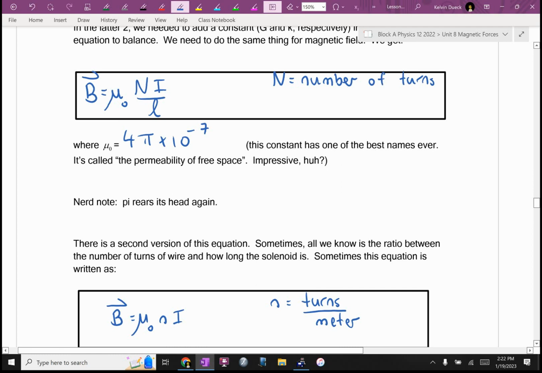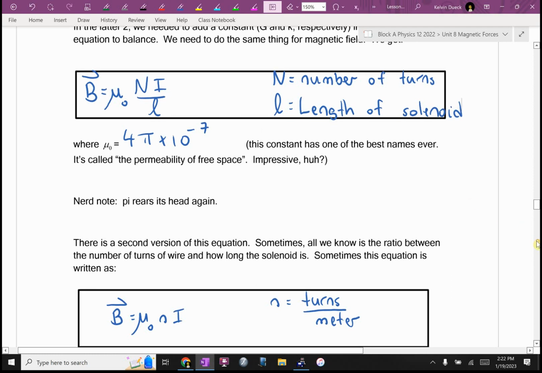And we all know what I is. What's I an abbreviation for? Current. So if you want to write that, you can, but if you know it, you don't need to. And L was the length of the solenoid. So the more you can pack the wires together, the better.